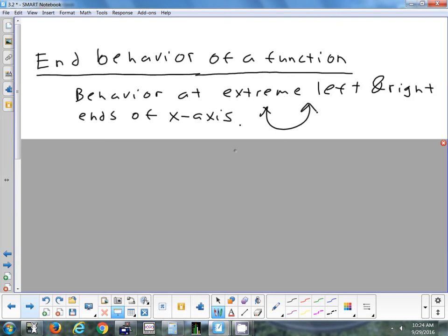It's either going to go up on the right side and up on the left, or it could look something like this. Down on the left side, down on the right side. What else could happen besides these two cases? You could have up and down and down. Yeah?